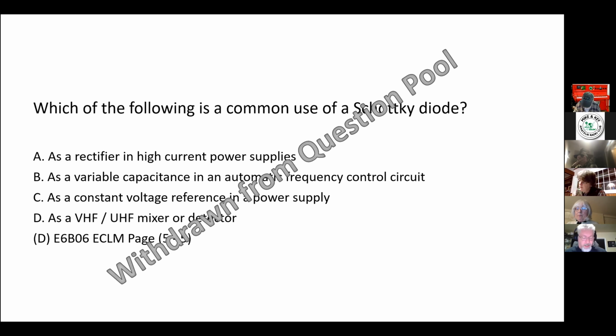And then there's a third update. This one was completely deleted from the pool. It's E3B08. I updated it in my slide deck, but I didn't update it in the book. Oh, yeah. And in the back of the book in the question pool, page 13-29, it does say question has been withdrawn.